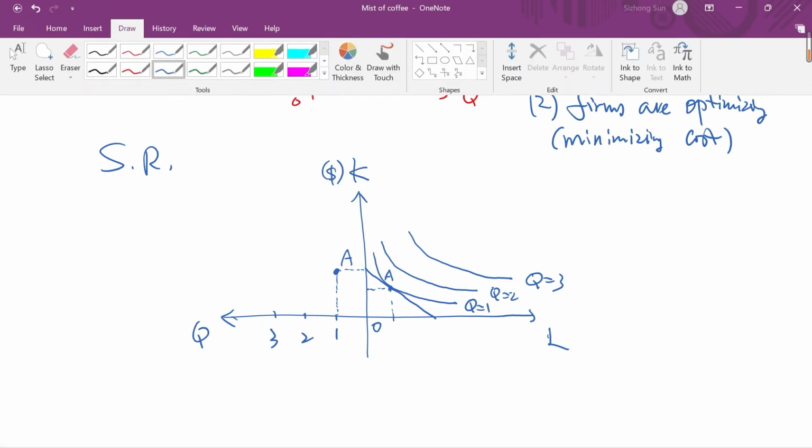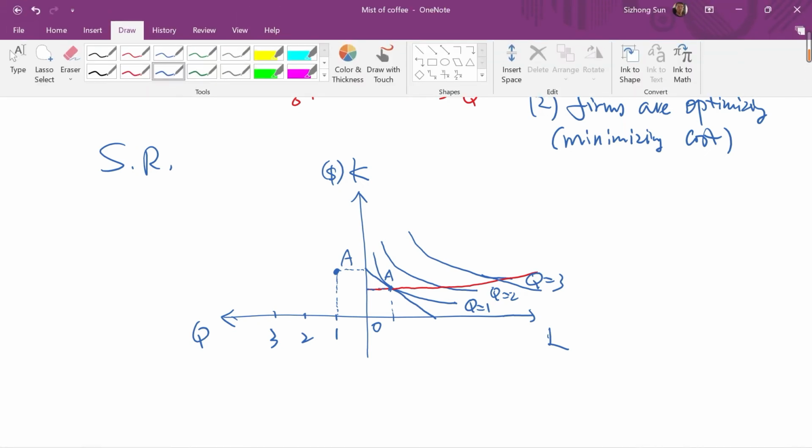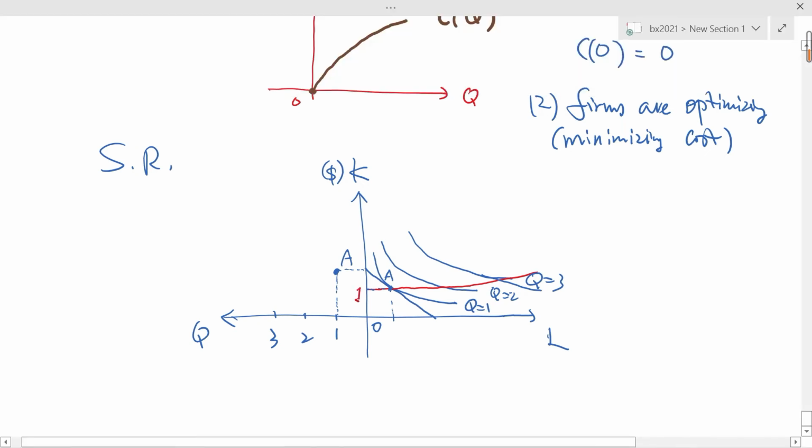Now let's assume that the capital is fixed at one unit, so I'm going to call this 1.